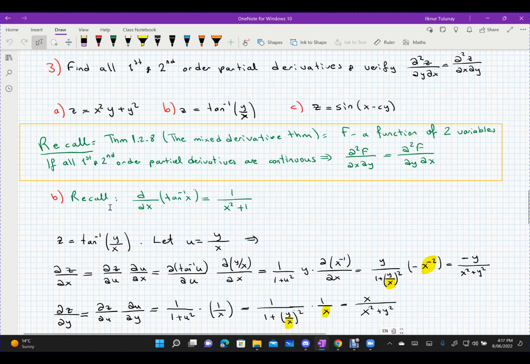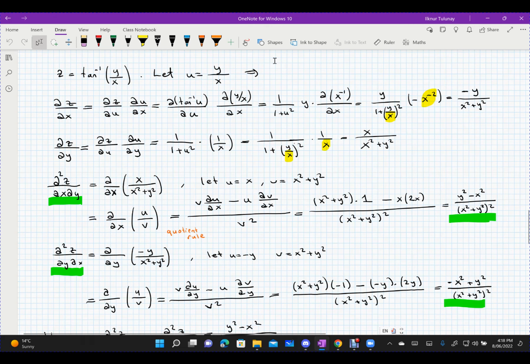I would like to recall the derivative of tangent inverse x, just reminding ourselves that this derivative is 1 over x squared plus 1. Now let's find all first and second derivatives of this function. In order to do it step by step, let's say u is equal to y over x.